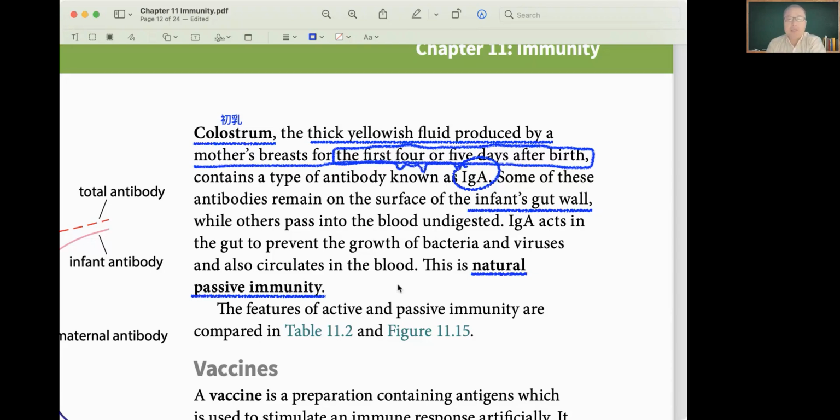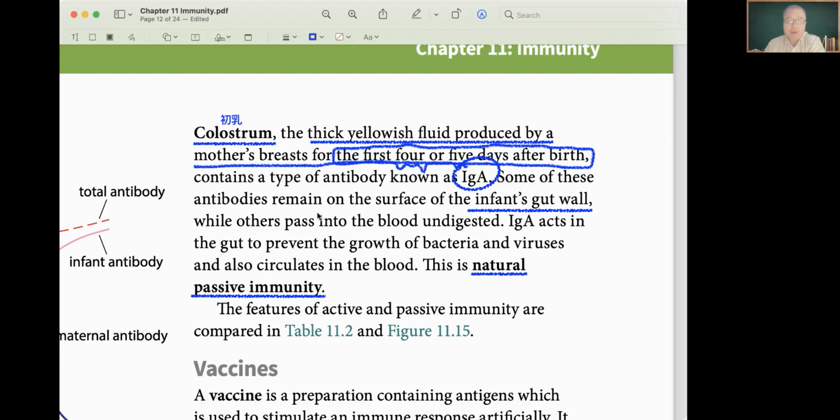Yeah, the milk can protect the newborn baby, but the newborn baby has to breathe air, right? And in the air there are antigens, some pathogens like virus and bacteria. So the newborn baby needs the protection from its mommy.